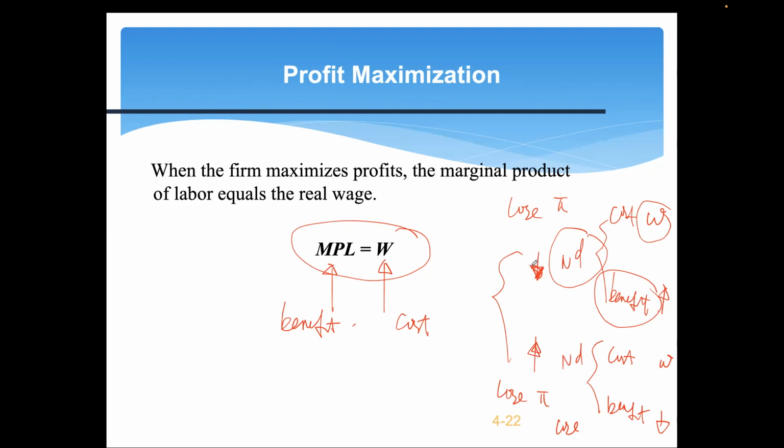Either you reduce, meaning you fire the marginal worker, or you increase, you hire an additional worker. In either case, you're going to lose profit. Only when these two equal to each other, or when you demand workers such that these two equal to each other, you're going to maximize your profit.